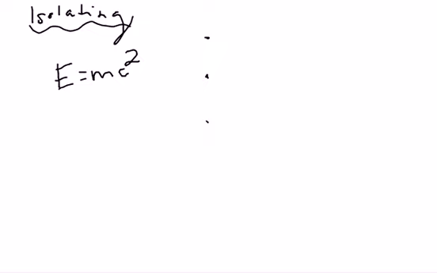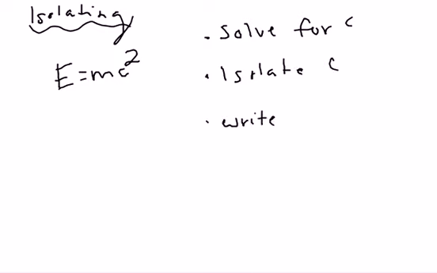So first we're going to talk about isolating. The main thing about isolating is you need to know what it means. There's a lot of different ways we can say it. One of the main ones is they'll say solve for C, or isolate C, or write as, let me restate that.